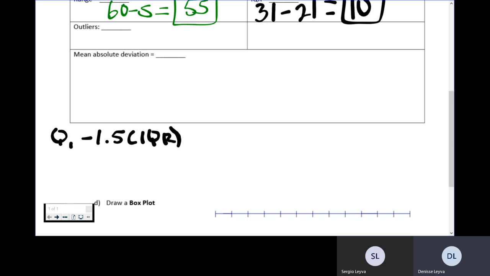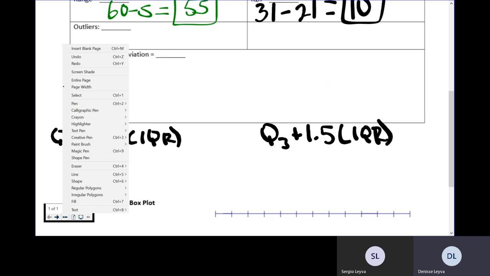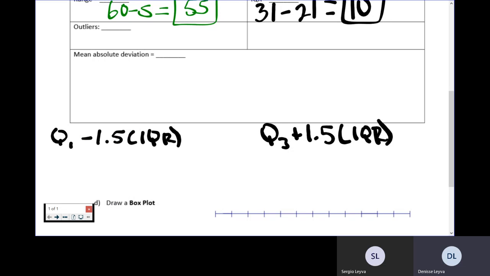To find your upper one, it would be Q3 plus 1.5 times IQR. So how the outlier works is just numbers that are below or above these points that I'm about to give you.